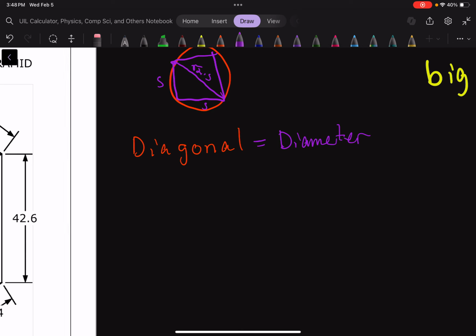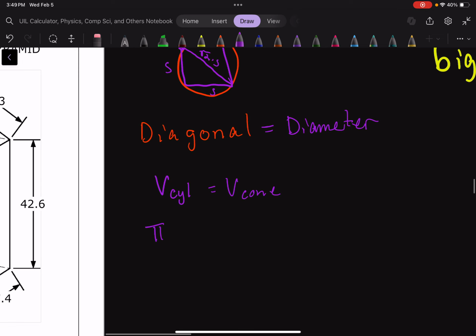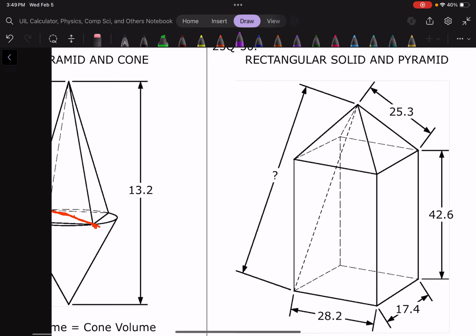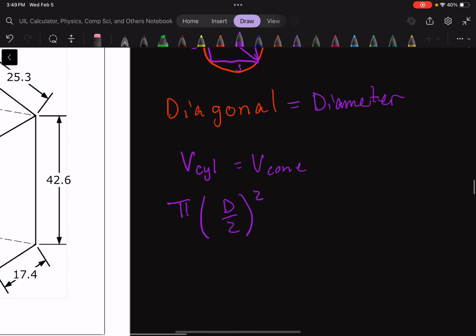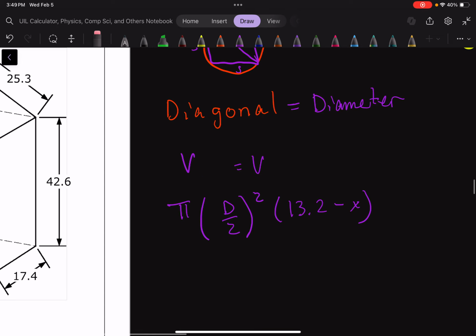So, in this case, the volume of the cone equals the volume of the pyramid. Let's start loading it in. So then that's pi times the radius, which I'm going to call diameter over 2, quantity squared, times the height of the cone. Sorry, I was saying cylinder, but the height of the cone is going to be 13.2 minus x. And that volume of the cone is going to equal the volume of the pyramid.